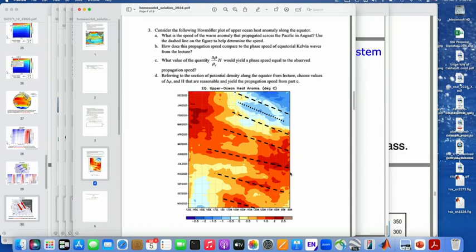These are 10 degrees. So 1, 2, 3, 4, 5, 6-ish. So 60 degrees. This is at the equator. Cosine of the latitude of 0, remember, that's going to be 1.